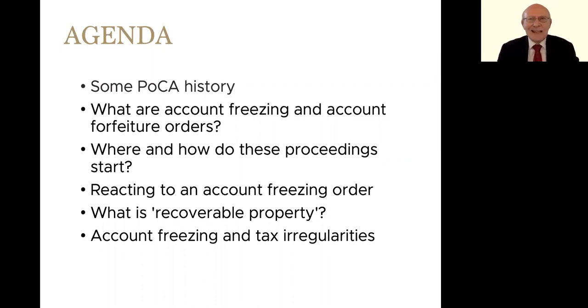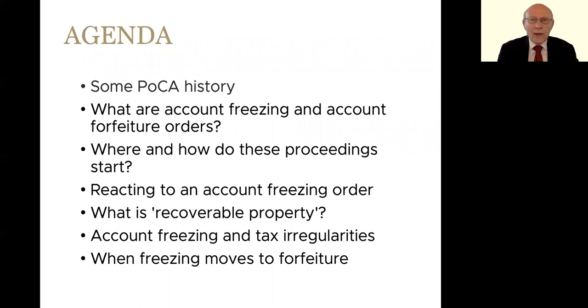Account freezing and tax irregularities, which HMRC seem to be quite keen to use at the moment. When freezing moves to forfeiture, and then finally a little bit about how Bartfields Forensic Accountants can help you.